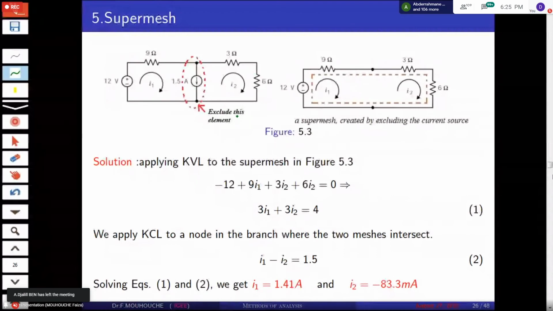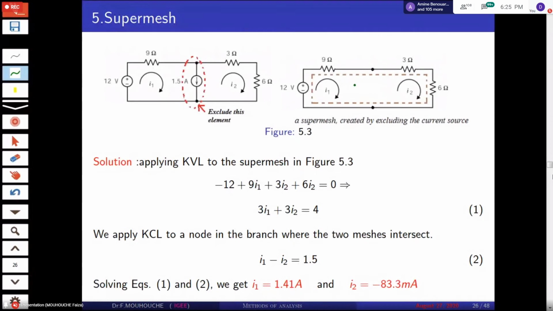Exclude this element. The current source between the two meshes, we must exclude it, and a super mesh is created by excluding the current source. We remove the current source, and the remaining is called the super mesh.